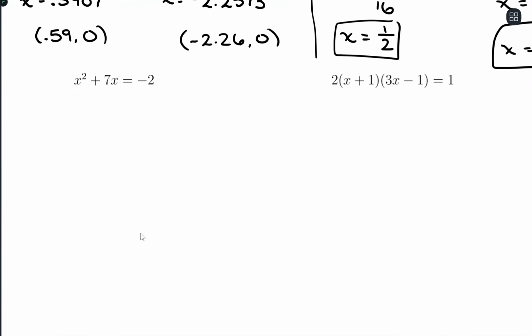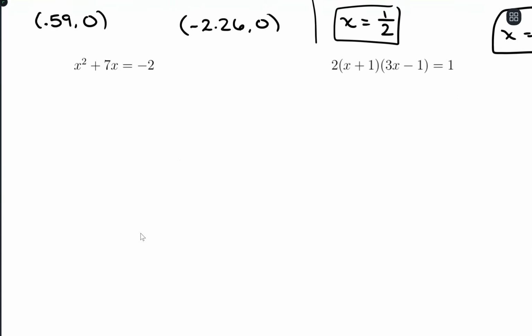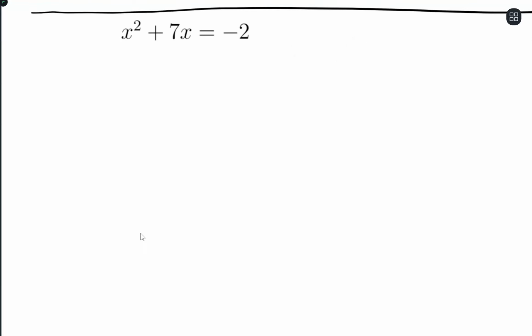All right, so these next ones have a little extra step at the beginning, with the idea that we want 0 on one side of the equation. So x squared plus 7x equals negative 2. Because I need to have 0 on one side of the equation, I'm going to add 2 to both sides.